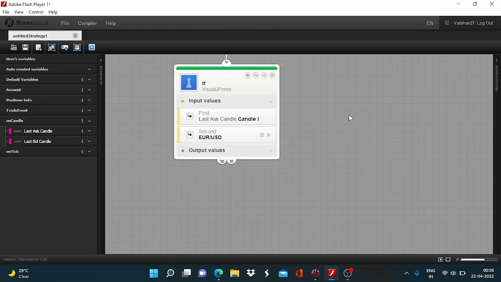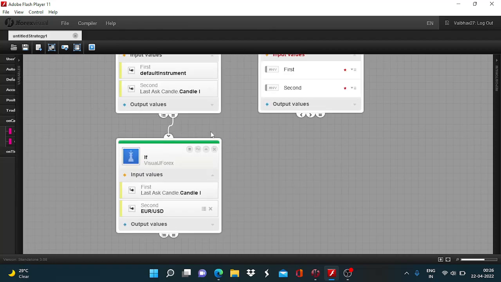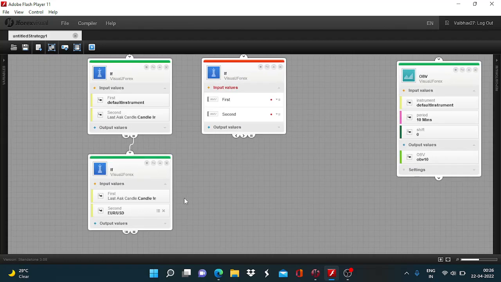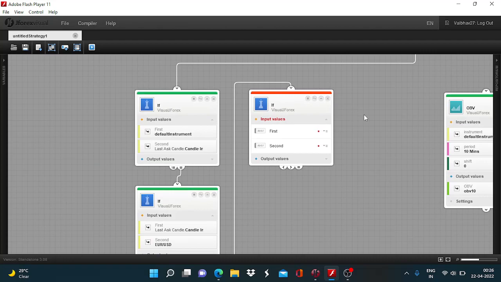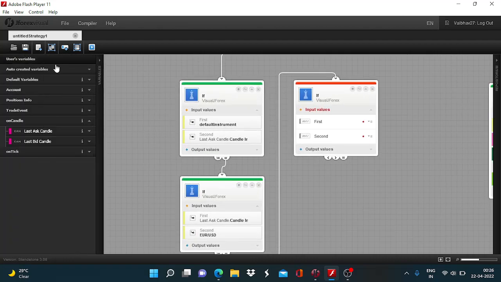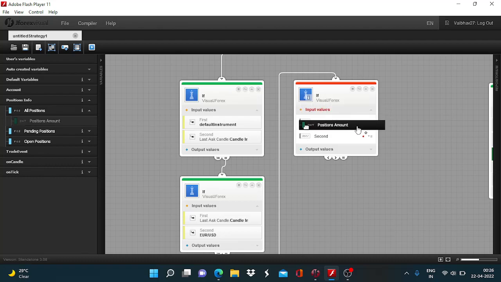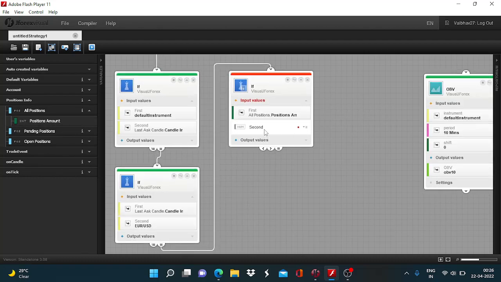Okay, here it is. Afterward, we add the condition that there should be no existing pending open order on the system. So here we will define the second input as 0.